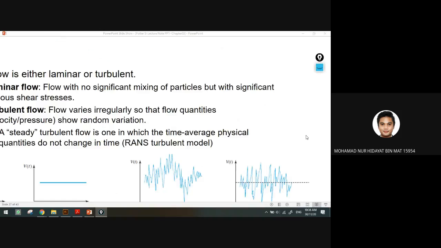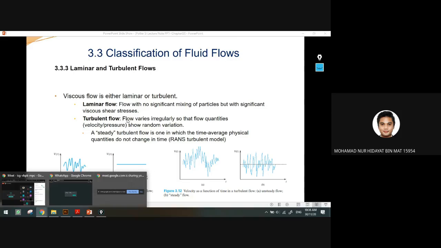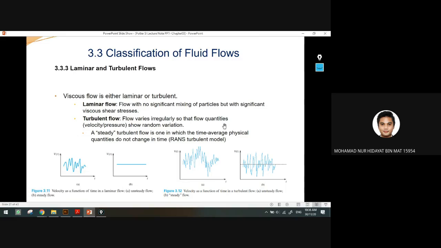To simplify this, laminar is where the flow is structured, always a straight-line flow. Turbulent is chaotic flow. The flow is very irregular, so the flow quantities vary randomly.